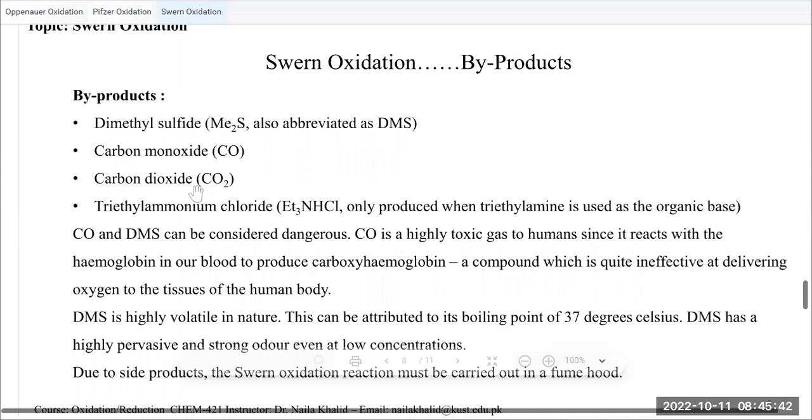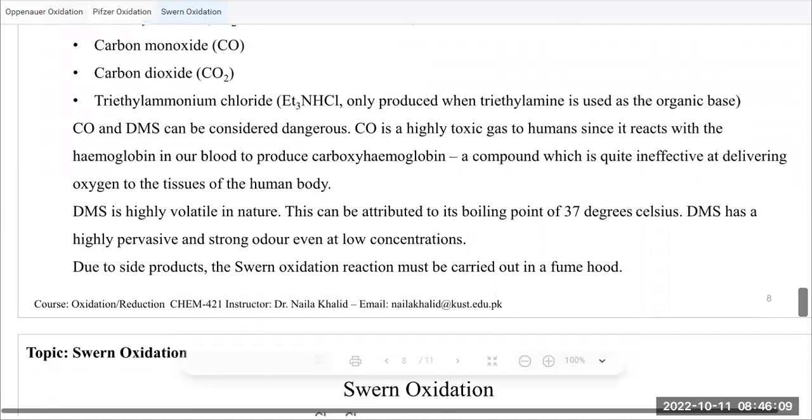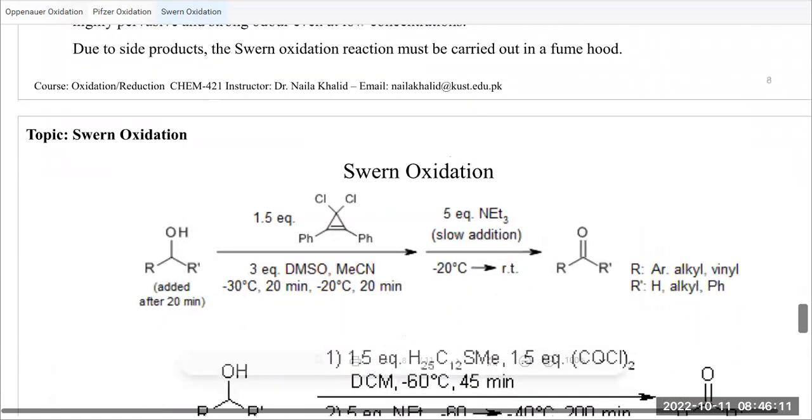So that is why this process should be done with great care. One thing that is very important, an advantage of this Swern oxidation, is the formation of these volatile byproducts. These can be easily removed from the media, and you can carry out a very easy workup, and you will get your corresponding aldehyde or ketone in very good yield.